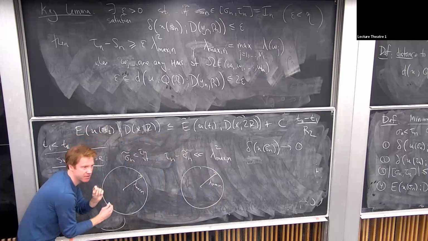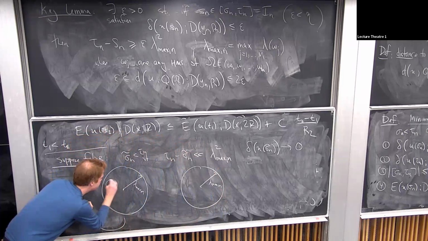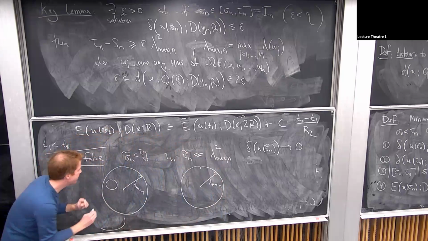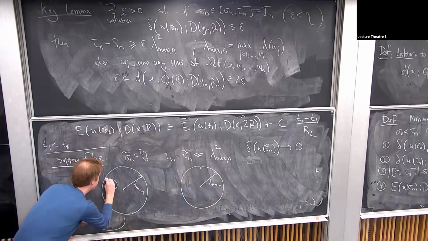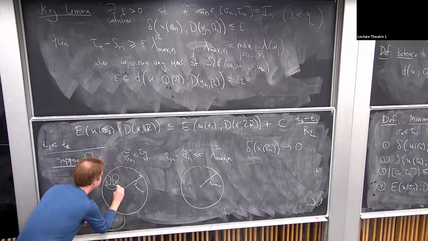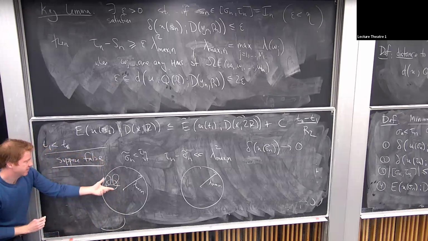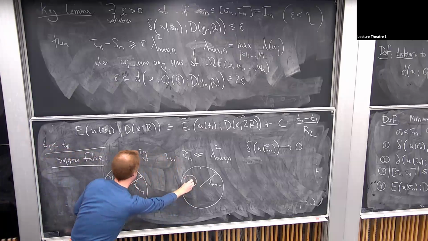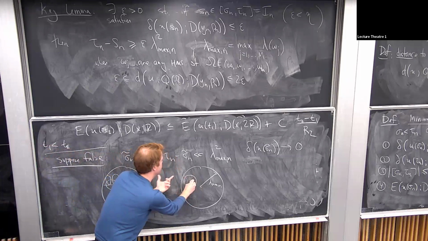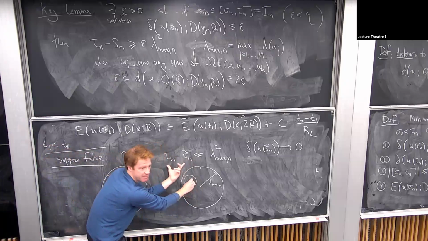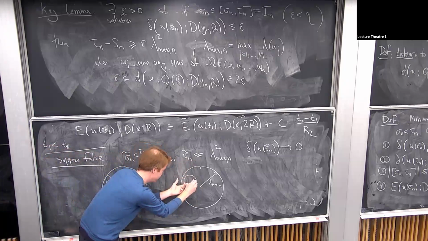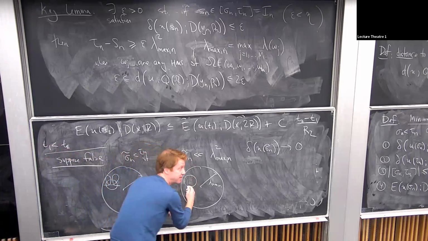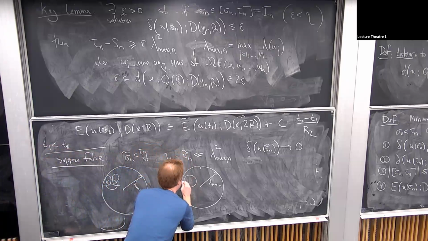So there must be collisions at a smaller scale. So I should be able to find smaller disks inside here, where at this time I have multi-bubble configurations like this. So this is supposed to be a 2-bubble. But then at the later time, I'm going to take this disk sufficiently large, so I have some space in between here. I can take this disk sufficiently large so everything is sort of trapped inside this disk. But then inside the disk, I have a collision.